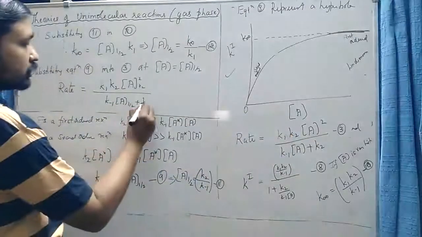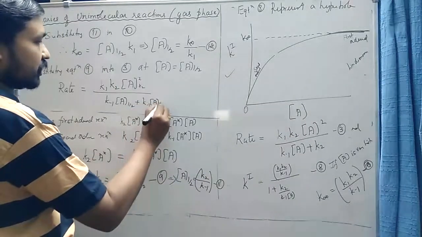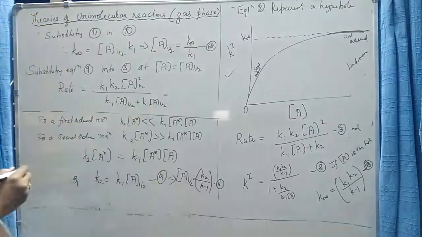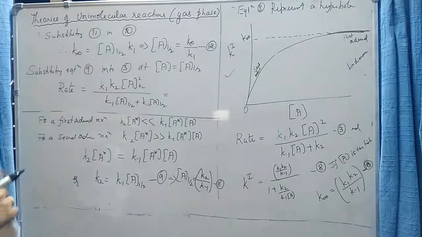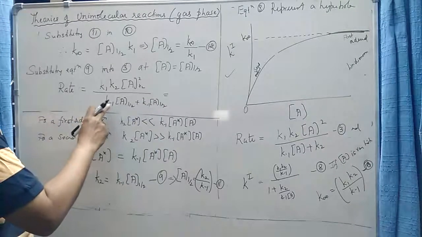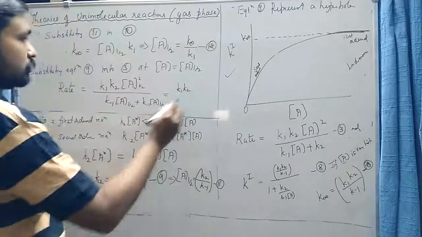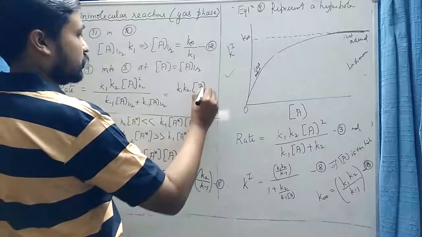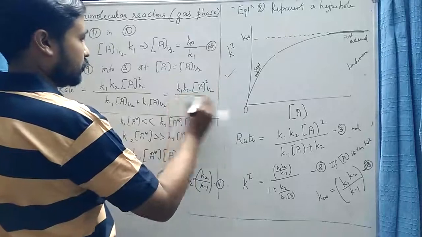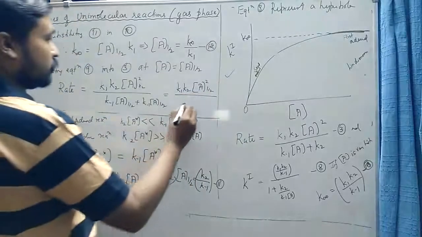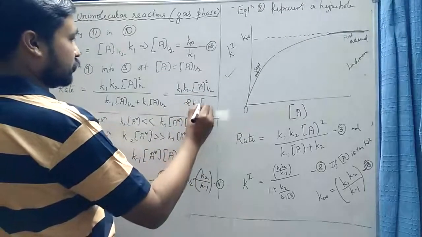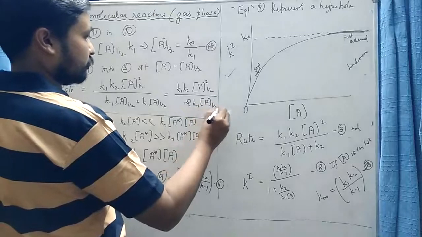What is K2? K2 is also K minus 1 into A half, so the rate is equal to K1 into K2 into A half square divided by 2 times K minus 1 into A half.